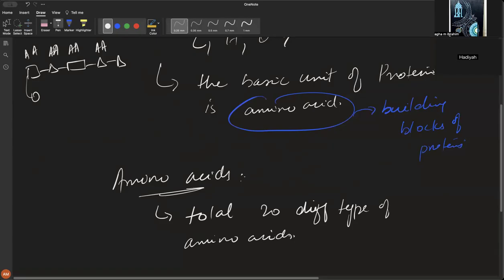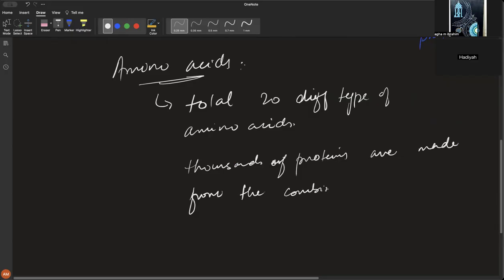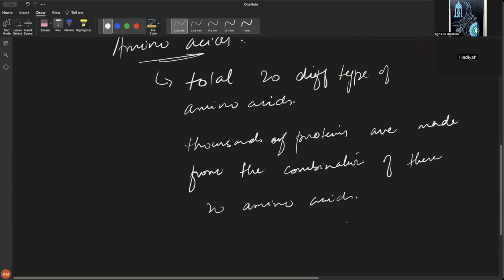Thousands of proteins are made from different combinations of these 20 amino acids. How can we differentiate between each amino acid? We'll study that.